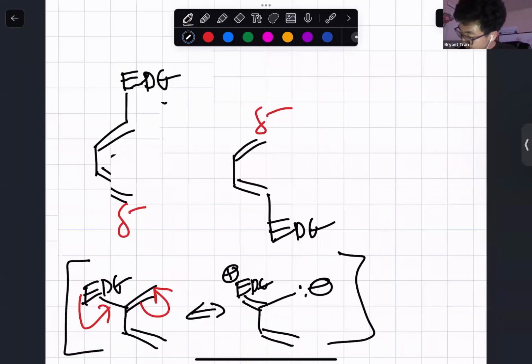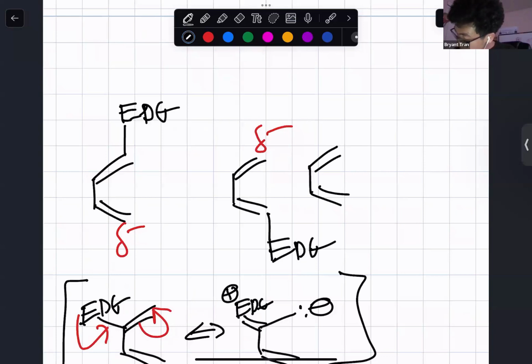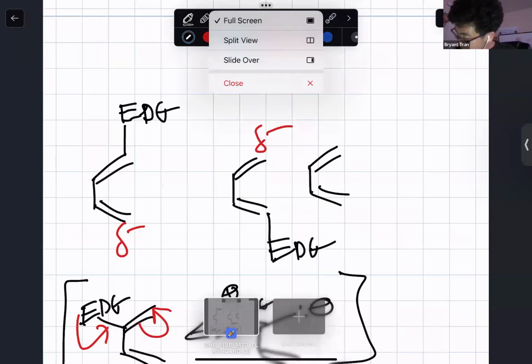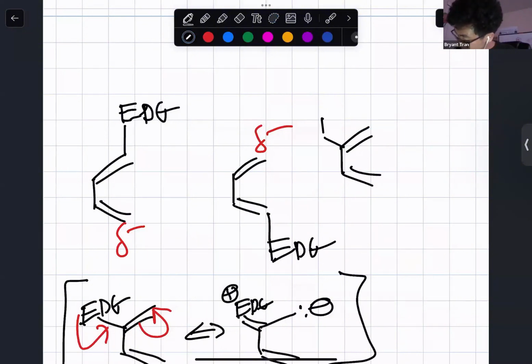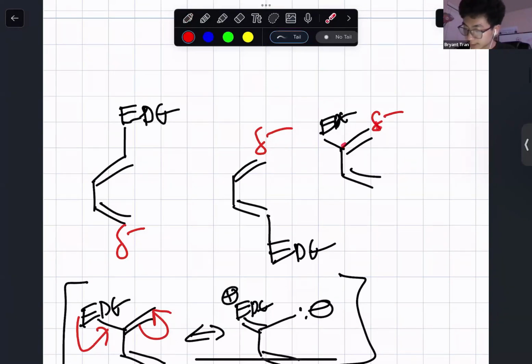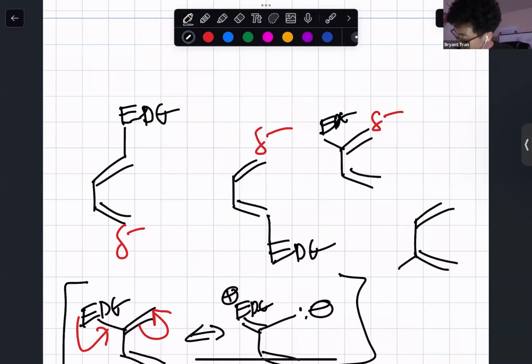So when you have an EDG on the inside carbon of the diene, then there's going to be a negative charge on the closest carbon to that EDG, right? If you have a diene where the EDG is right here instead, then the negative charge is right there.